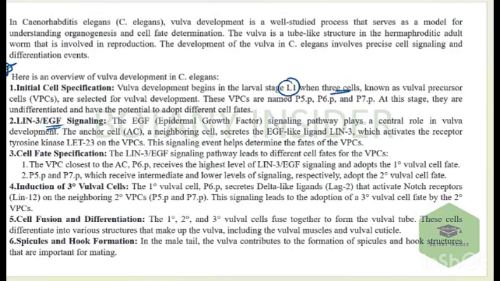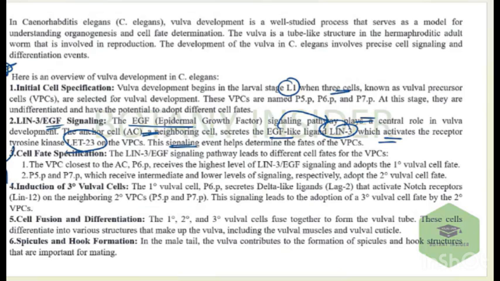This is nothing but your EGF signaling pathway, right? So the EGF signaling pathway plays a central role over here. The anchor cell (AC) secretes an EGF-like ligand, that is your epidermal growth factor-like ligand known as LIN-3, which activates the receptor tyrosine kinase, LET-23, on the VPCs, that is your receptor.